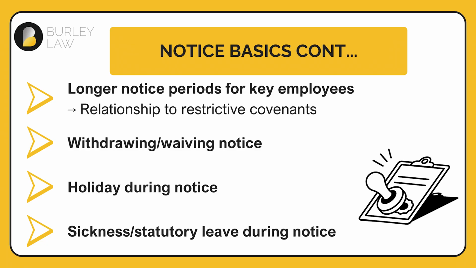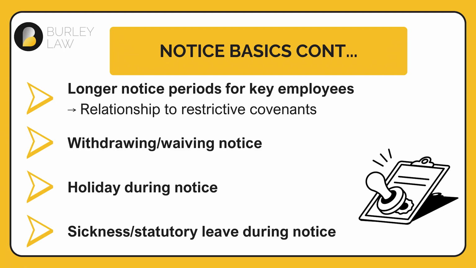Now, withdrawing and waiving notice. Sometimes this gets confusing and employers think that they can waive notice requirements or they can shorten notice without there being any consequences. Once notice is given by either party, whether that's a resignation by the employee or they're being dismissed, they're being terminated by their employer, that notice cannot be withdrawn unilaterally.